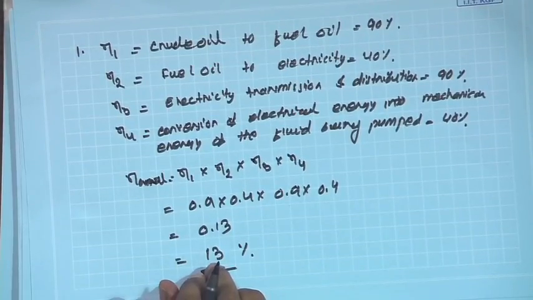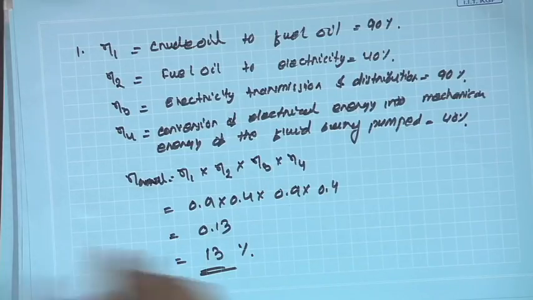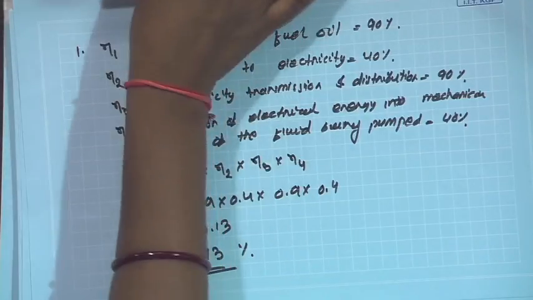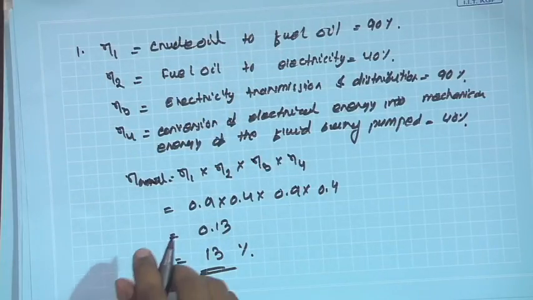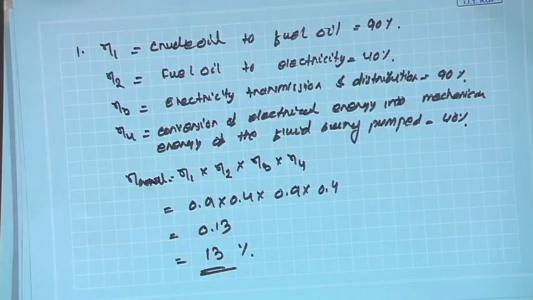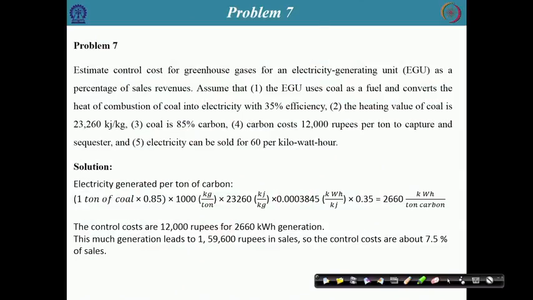Then let us go to problem 7, that is, estimate control cost for greenhouse gases for an electricity generating unit, EGU, as a percentage of sales revenue.